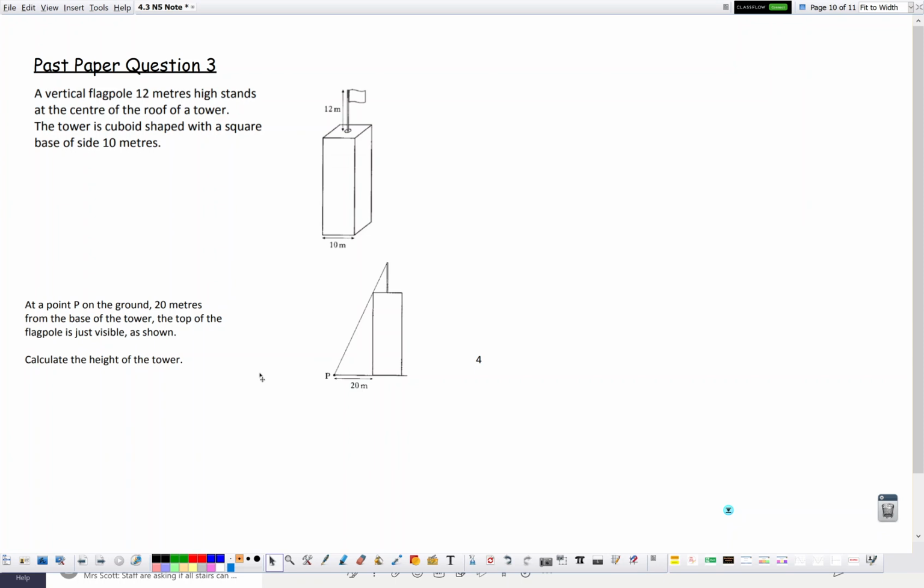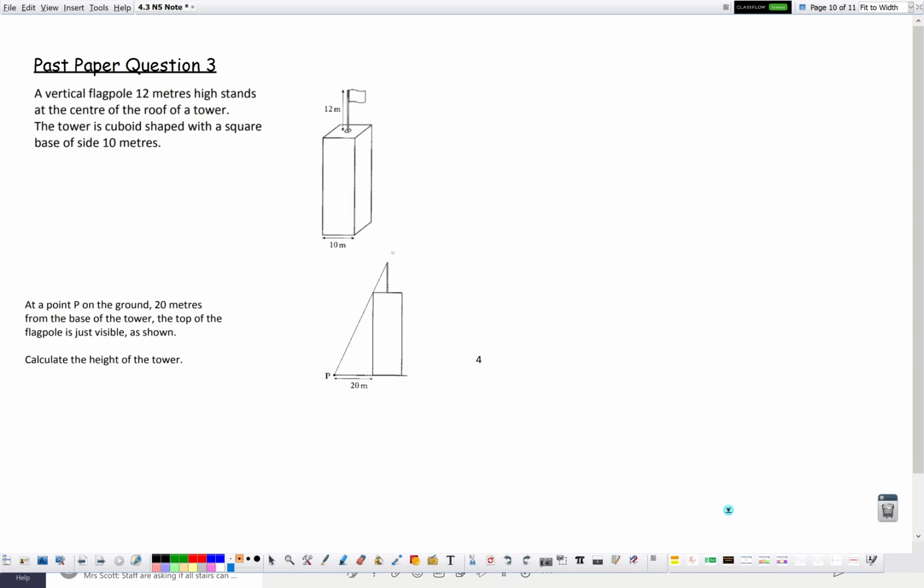Look what is formed in this second picture here. We have two similar triangles, right angled triangles. One larger one going down to the bottom and one smaller one using the flagpole up to the tip of it. We don't really have a lot of information here though, so it seems as if we don't have enough information to answer the question, but we do.